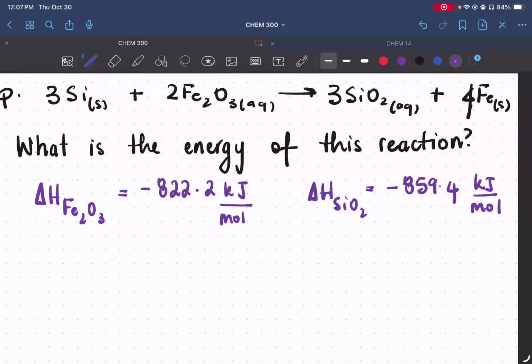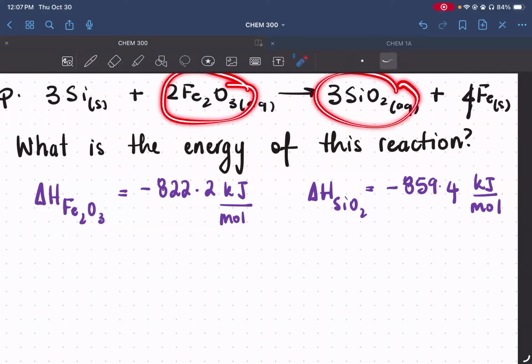Something that we're immediately able to deduce is that I've only given you two energy values. Recognize that the other chemicals involved are straight up elements. They're not in a compound, they're just by themselves. We have silicon and iron.